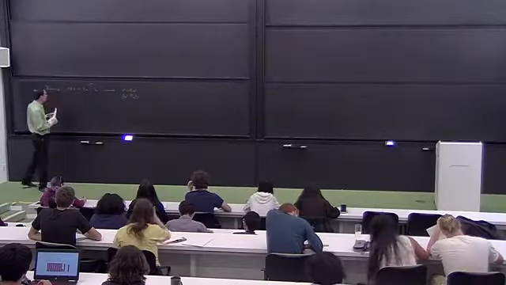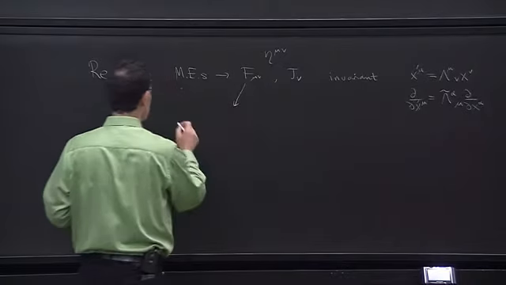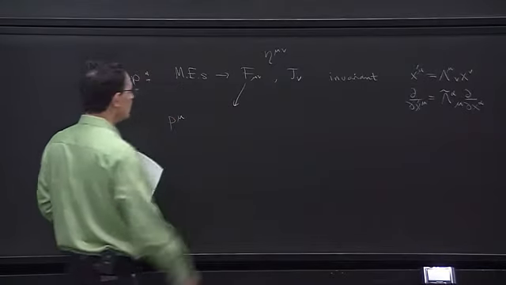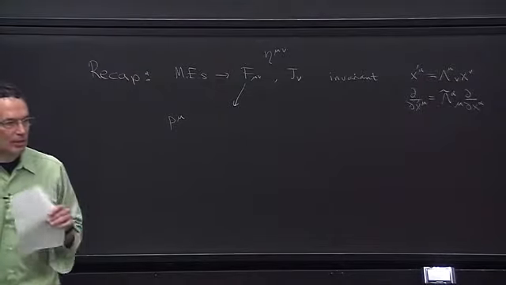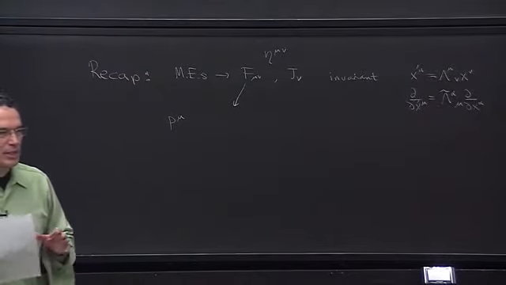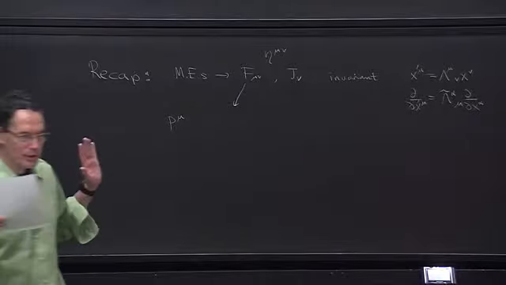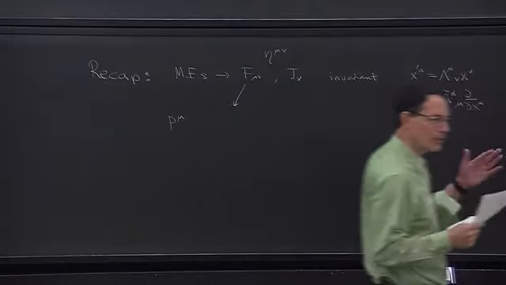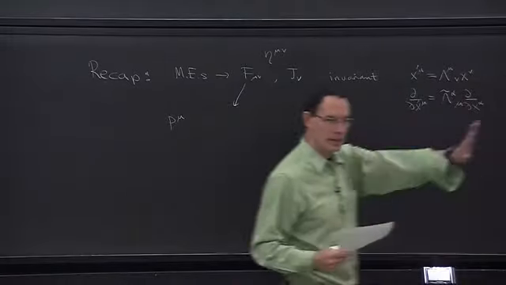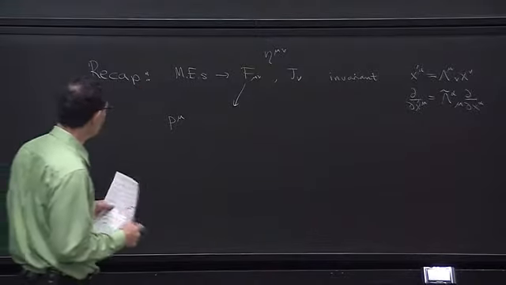Well, let me just summarize. So then we constructed a momentum. We know that energy and momentum are very fundamental concepts. These were kind of known from Maxwell's work and following. What is the energy in an electromagnetic field? What is the momentum?